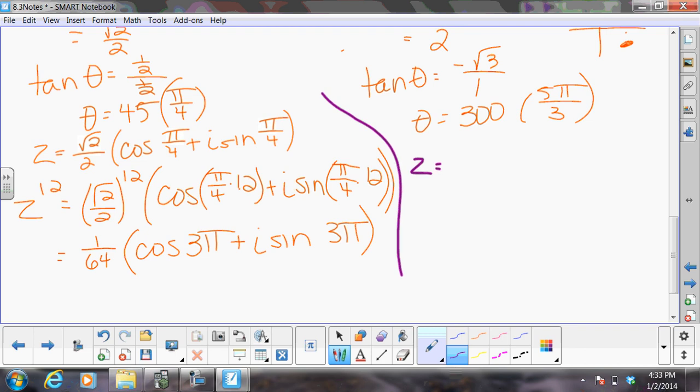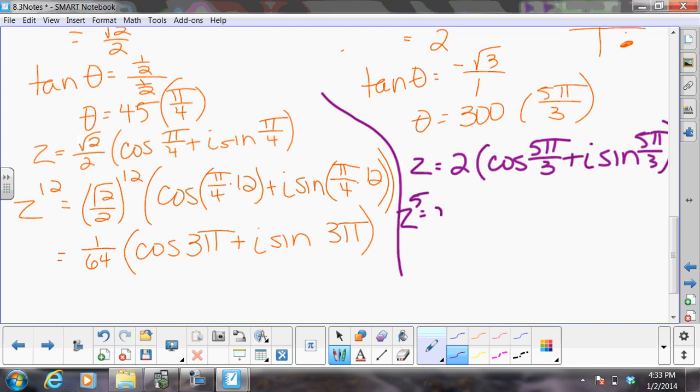So my trig form is 2 cosine 5 pi over 3 plus i sine 5 pi over 3. Okay, but we want to take this to the 5th power. So z to the 5th means 2 goes to the 5th, and our thetas get multiplied by 5.